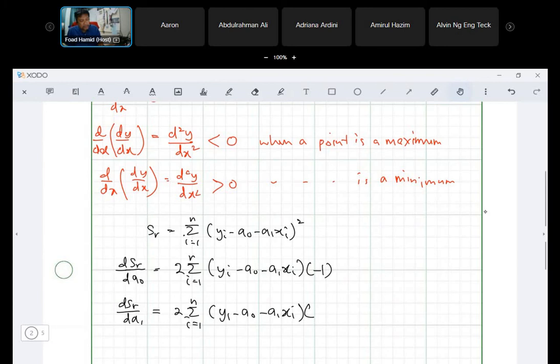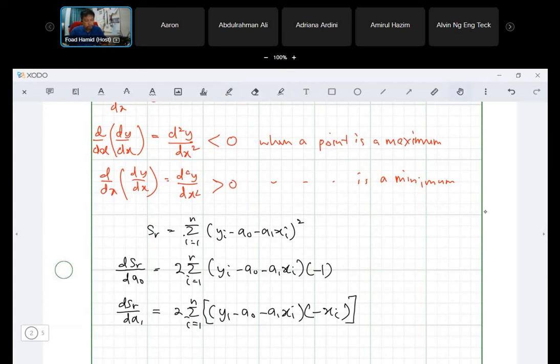This is a1 times xi, so the negative sign gives negative a1 xi. Differentiating a1 with respect to a1 is just 1, and this is xi.